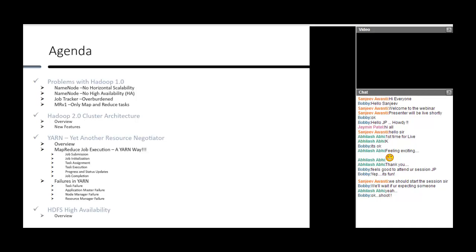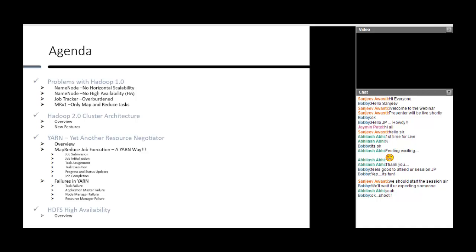Likewise, for Hadoop 2.0, we need to understand why Hadoop 2.0 came into existence. Why did the industry, or the people who have worked on the Hadoop 2.0 framework, think that this is more important than the older version of Hadoop? So we will discuss the problems with Hadoop 1.0.